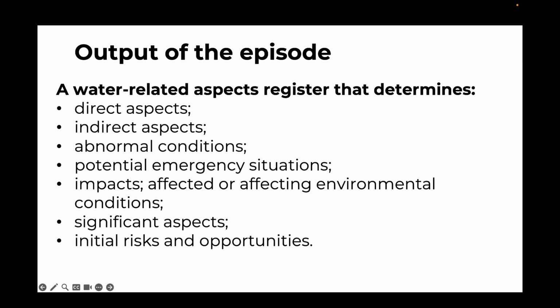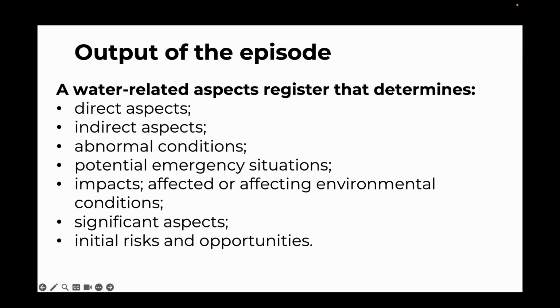The output of this episode is a water-related aspects register. It does not need to be perfect at the first attempt, but it should be good enough to help BlueRiver understand where water matters most. The register should include direct aspects, such as water withdrawal, cleaning, wastewater, leaks, and chemical storage.